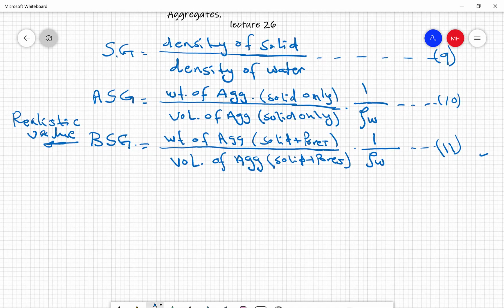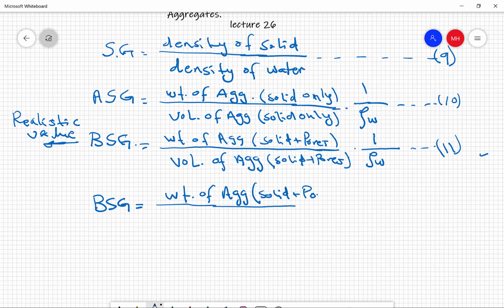So the bulk specific gravity equals the weight of aggregate, which is again solid plus pores, divided by the weight of water displaced.